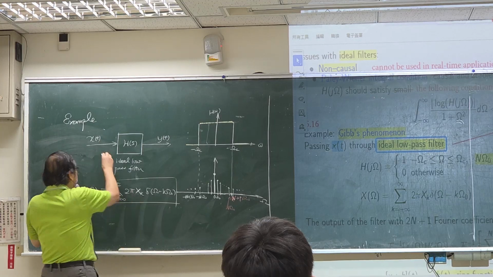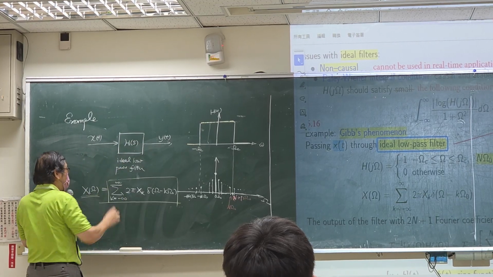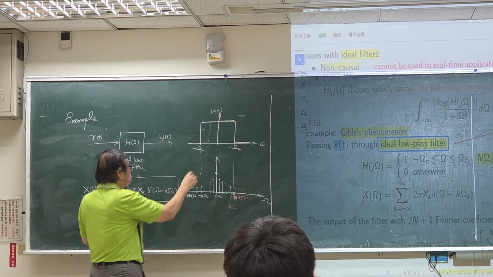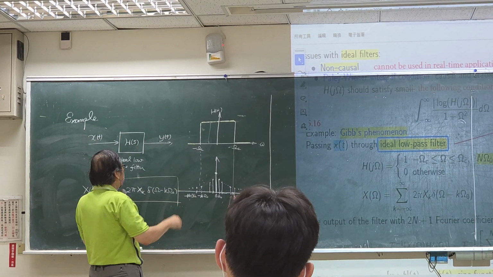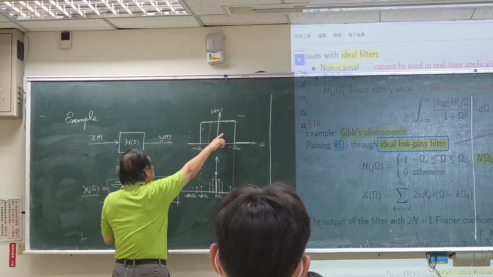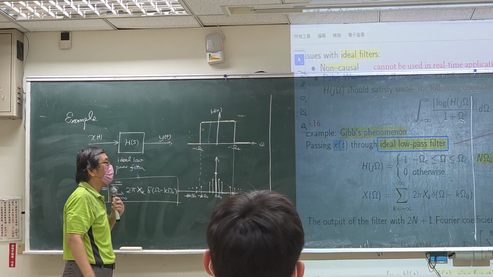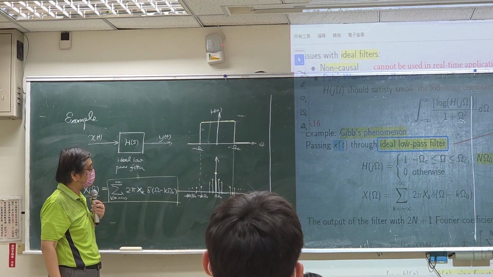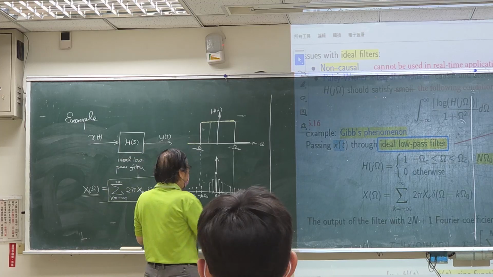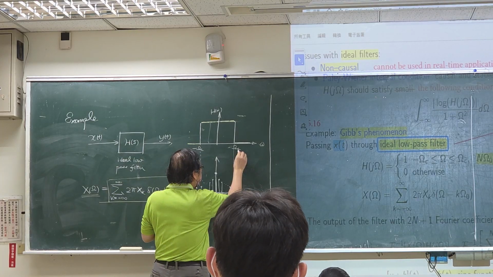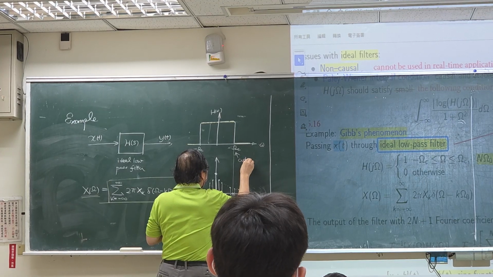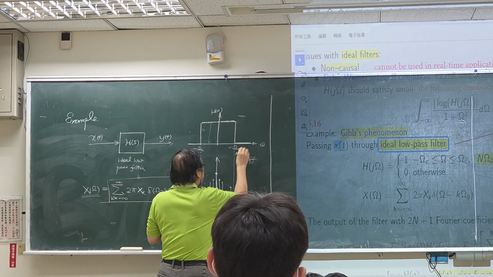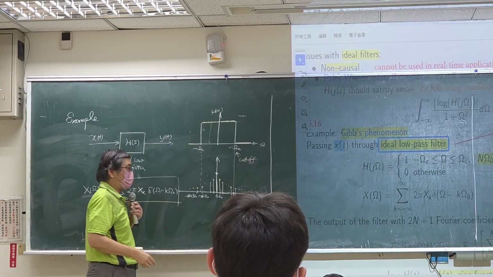Now if this signal goes through a low-pass filter, and this is the ideal low-pass filter H of s, we replace s by j omega. So this will be the frequency response of the low-pass filter. As you can see, when the frequency is higher than the cutoff frequency, the amplitude becomes 0.